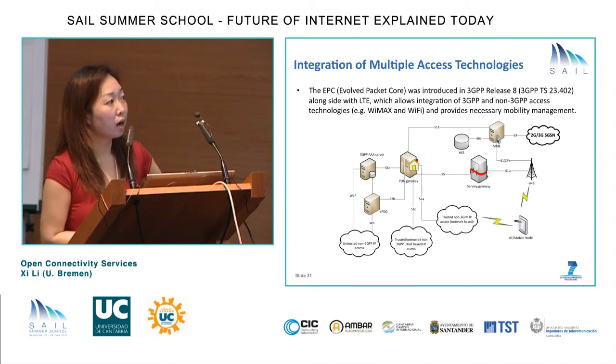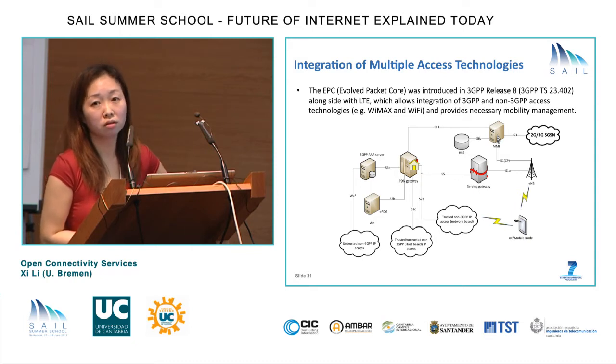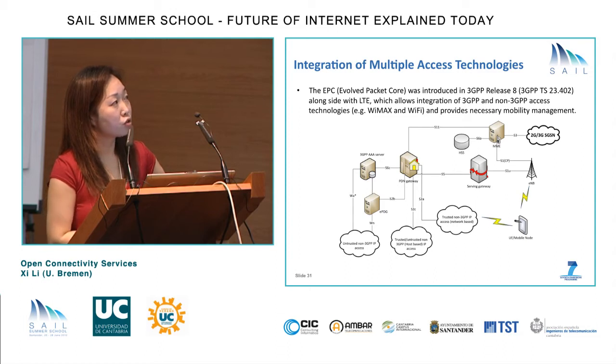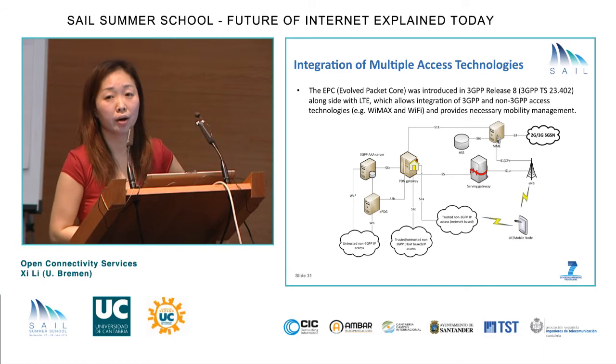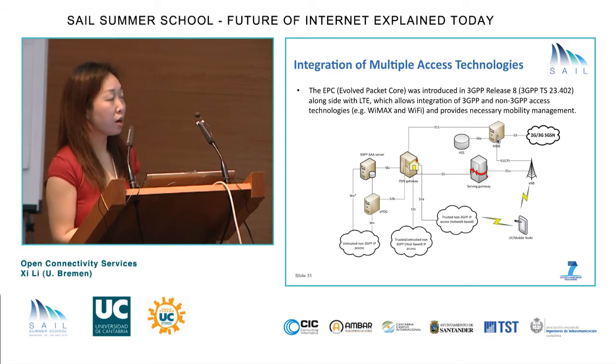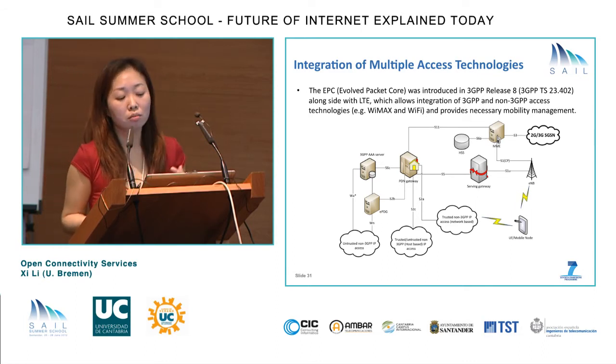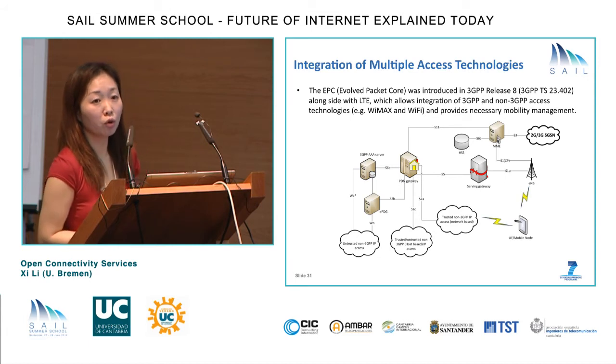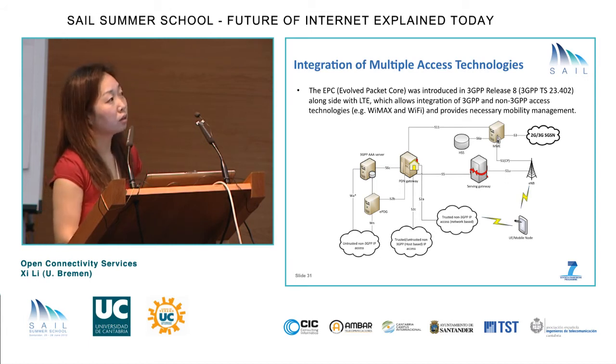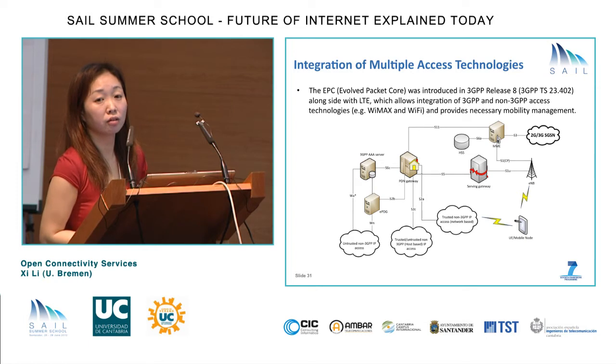And on the other hand, it also has the possibility to connect to the non-3GPP system, for example, WiMAX or wireless LAN technology, and they are merged or integrated at the core network located at the PDN gateway. Such an architecture allows the mobile nodes to have multi-homing by utilizing all the different access technologies.